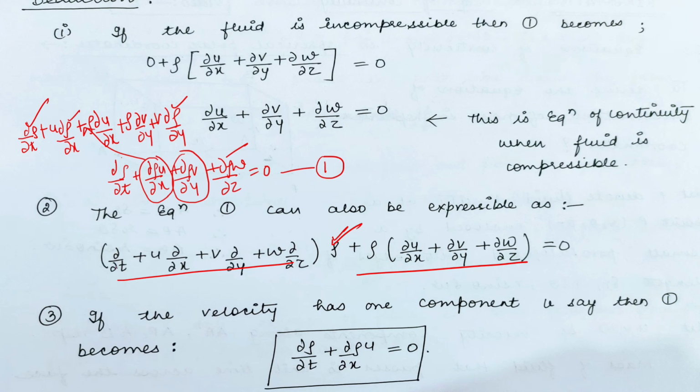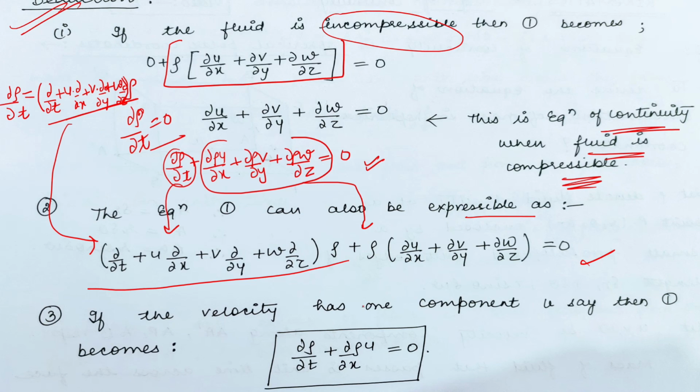So it will become del by del t plus u del by del x plus v del by del y plus w del by del z, into rho. Plus, similarly, one more term where we take rho common: rho times del u by del x, plus rho del v by del y, plus rho del w by del z. I hope this deduction is clear to you.